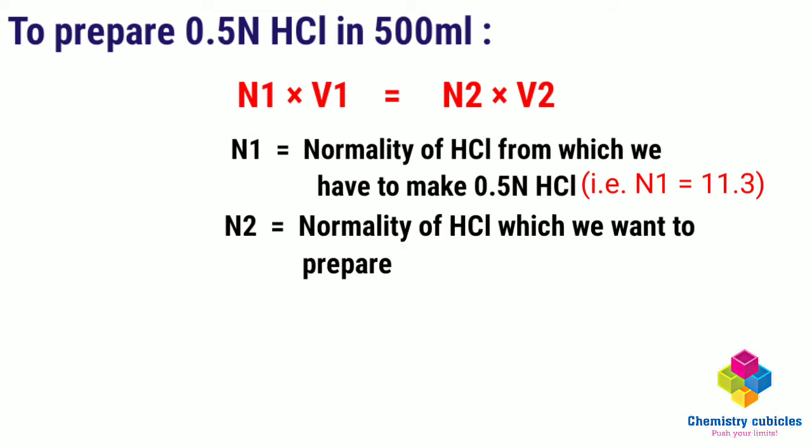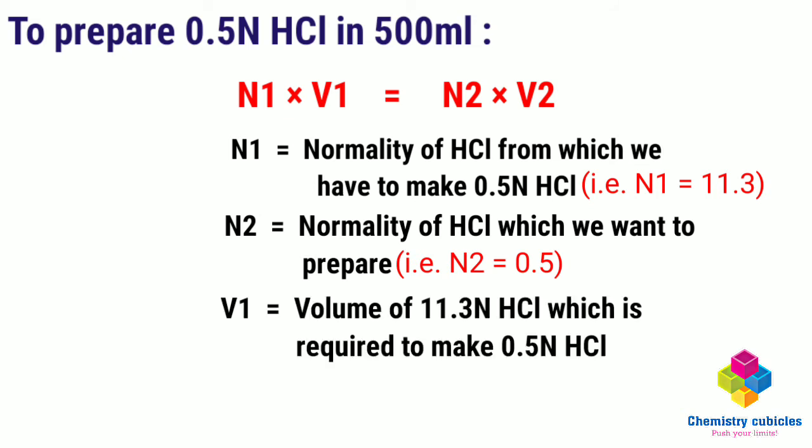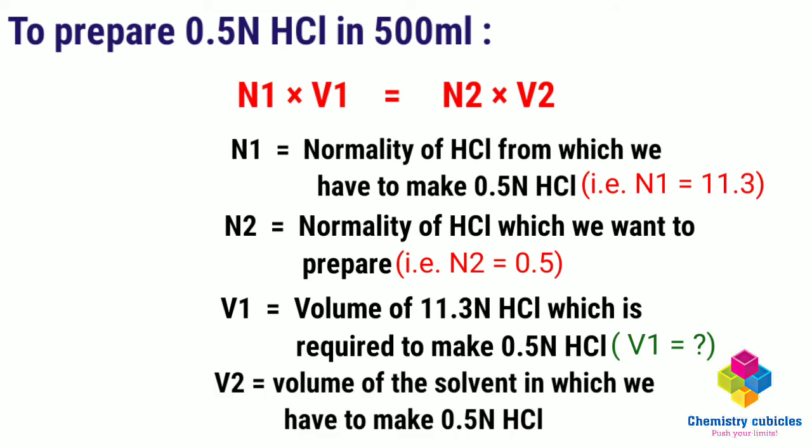N2 is the normality of the solution which we want to prepare, so N2 will be 0.5. V1 is the volume of 11.3 normal HCl which is required to make 0.5 normal HCl, and we have to find out this volume V1. V2 is the volume of the solvent in which we have to make the solution, and in this case V2 will be 500 ml.